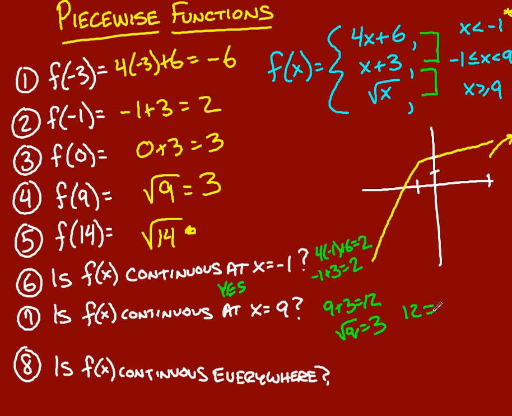Since 12 and 3 are not the same, these are not continuous. Looking at the graph, that means these pieces have a little jump. They do not go to the same point like the other one does. So is it continuous everywhere? If it's not continuous at 9, it can't be continuous everywhere either. To be continuous everywhere, it just has to match up at every single breakpoint.